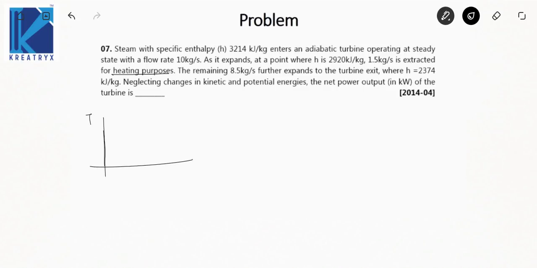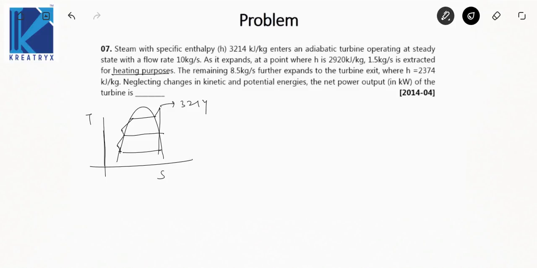Let's draw a rough TS diagram for this regeneration process. It may be an open feed water regeneration system or closed. I am taking that it is open feed water. They have said that it enters with an enthalpy of 3214.